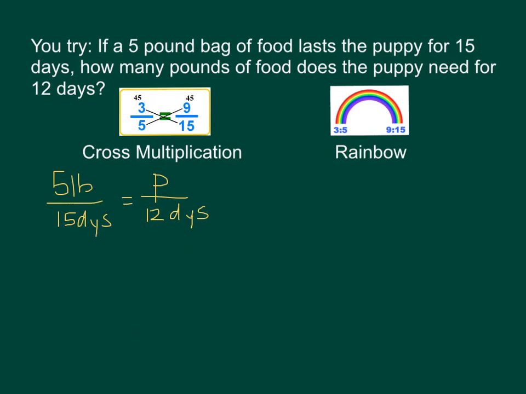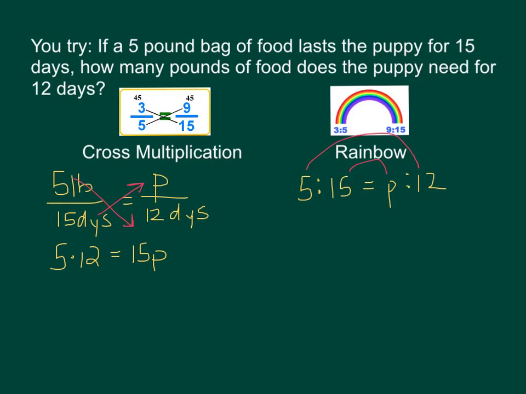Okay, for cross multiplication, we set that up as 5 pounds for 15 days. There's a rate on the left. And p pounds for 12 days is our rate on the right. We cross multiply, and that gives me 5 times 12 equals 15 times p.